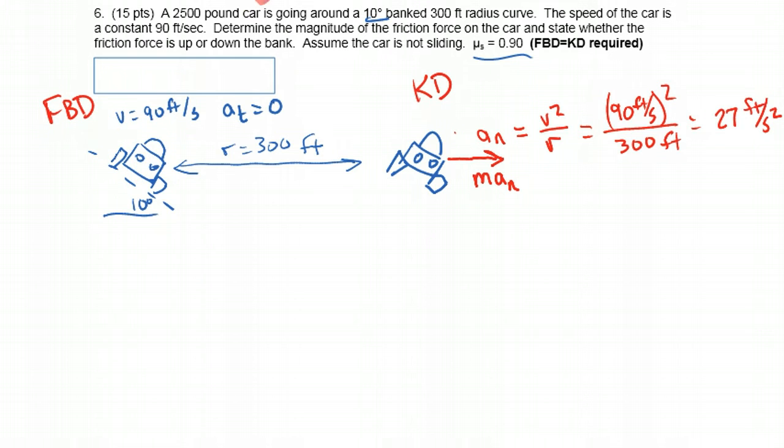So let's put some forces on our free body diagram. I have weight coming straight down. I'm going to have a normal force. And I'm potentially going to have friction. I don't know for sure whether it's up or down, so I have to assume one direction.